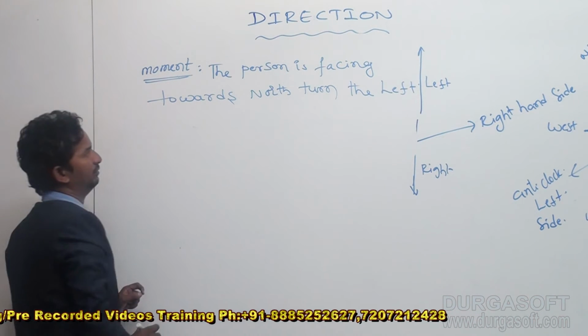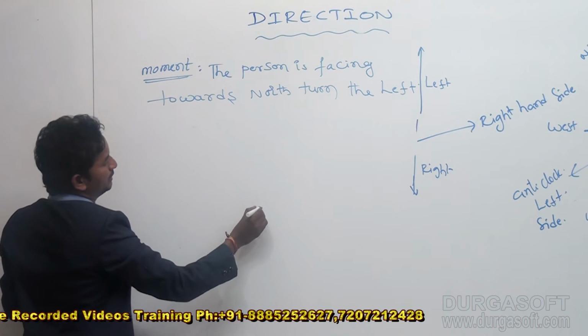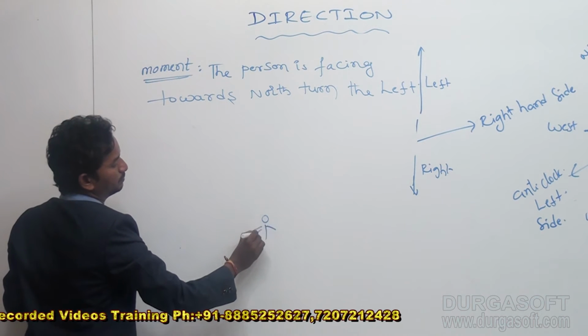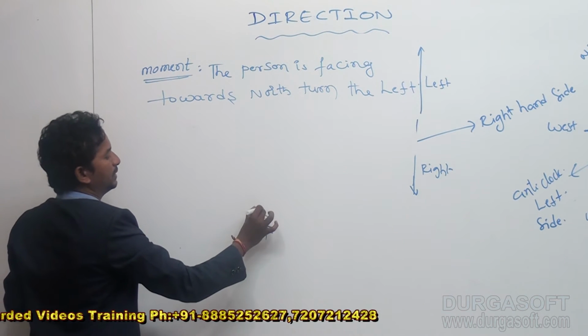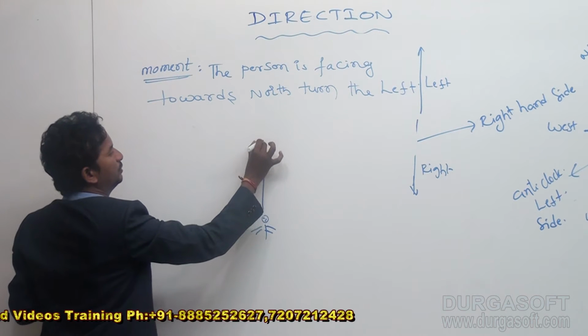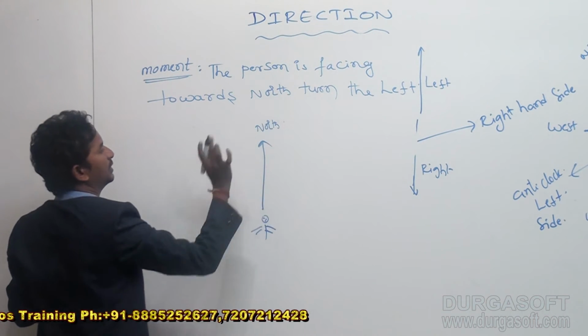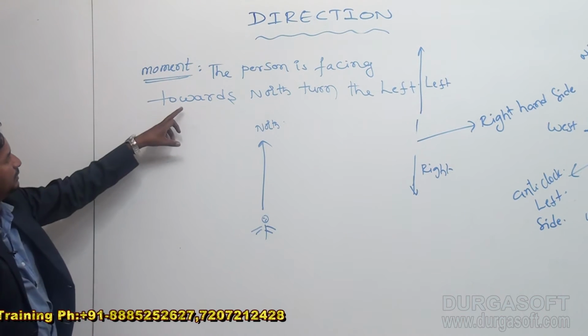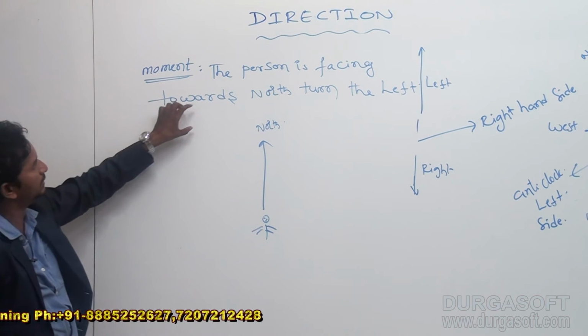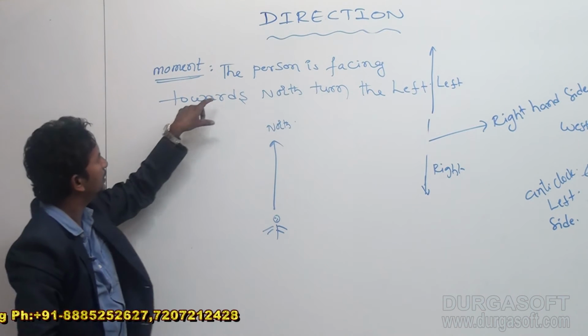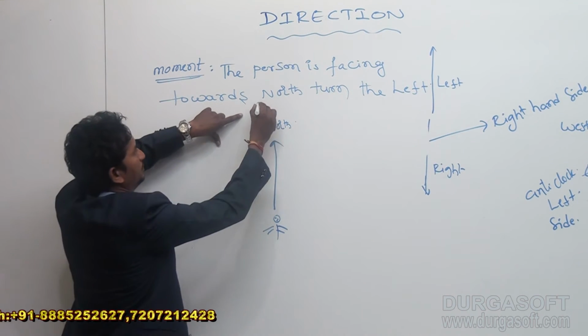So the person is here, facing towards the north. This is the north. What is the movement here? The person is moving towards north.